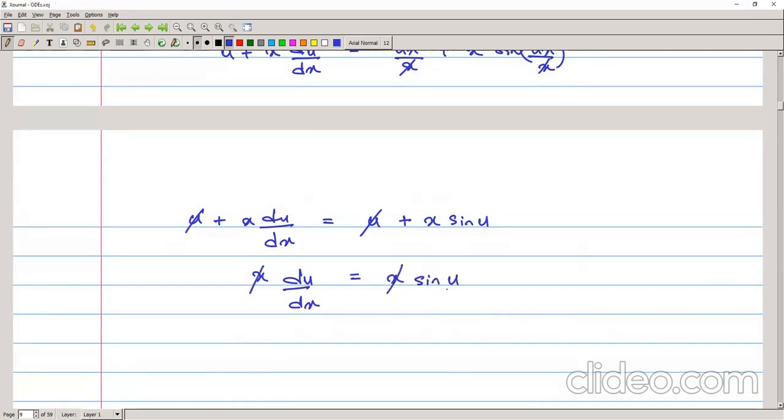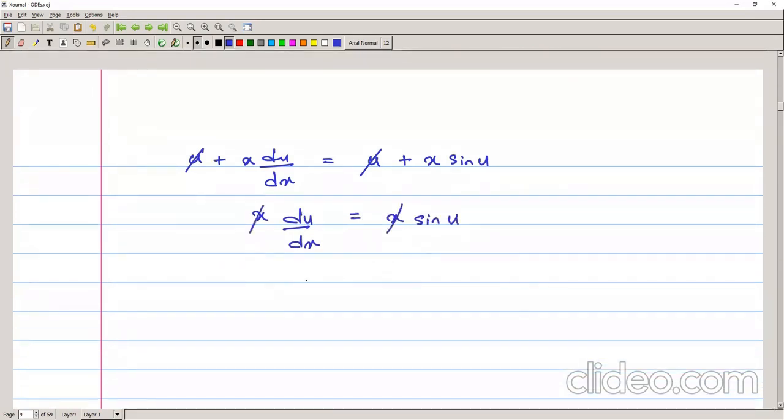Again, this x and this x will cancel out. So we will be left with only du over dx is equal to sine u. Now this equation is separable. So it's du over sine u is equal to dx.